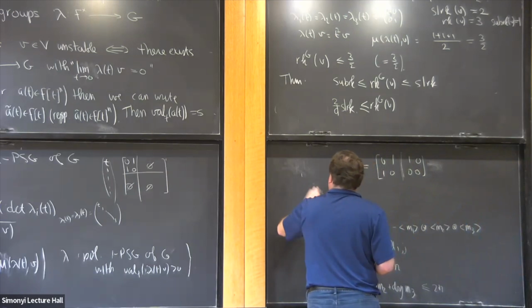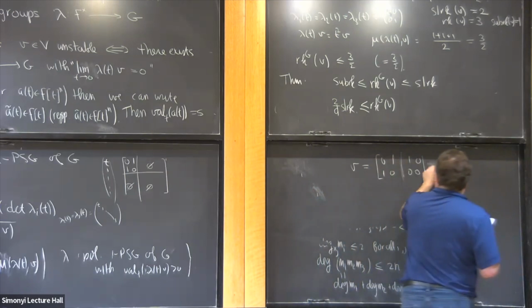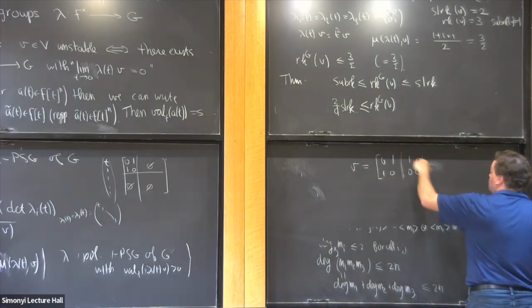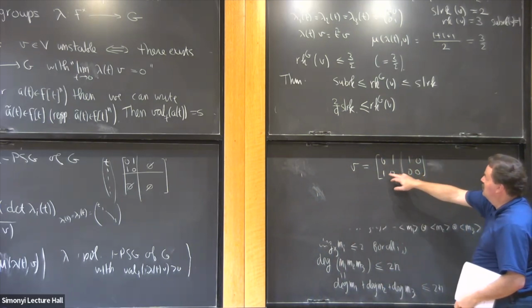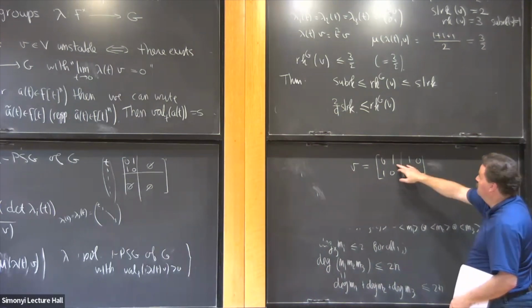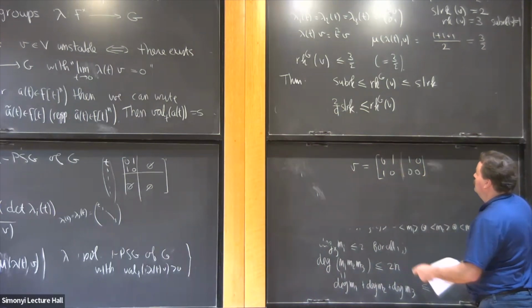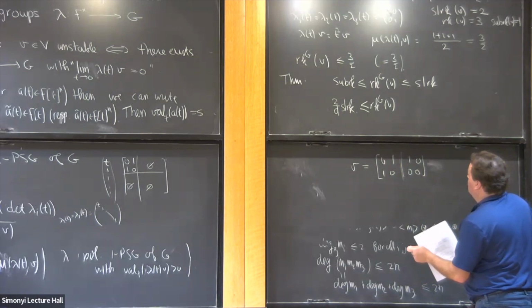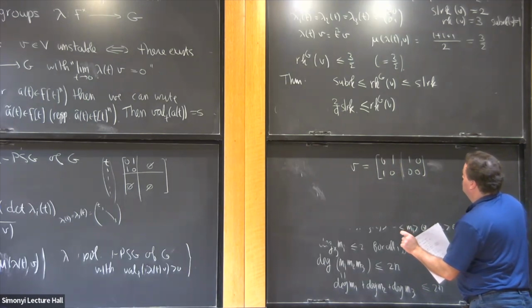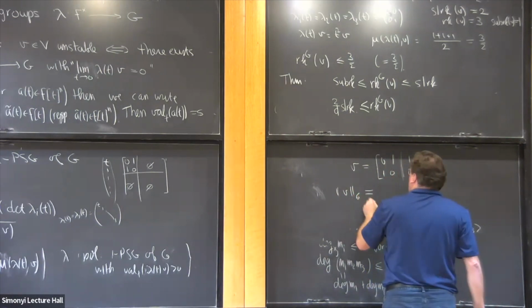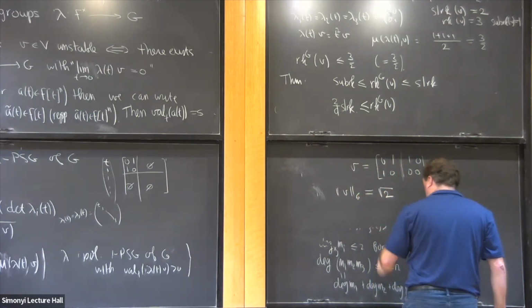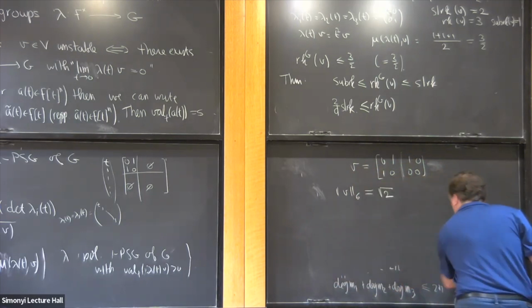The flattenings look exactly like this matrix, and you see the singular values are 1 and square root 2. So the operator norm of V is exactly square root 2, which is the largest singular value.